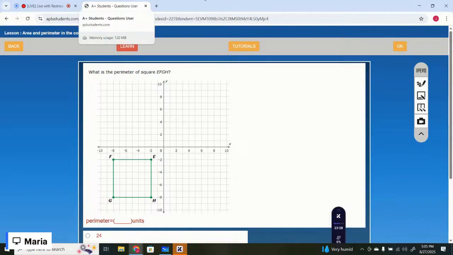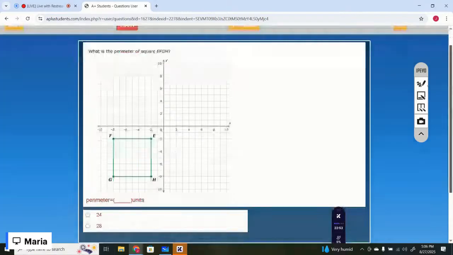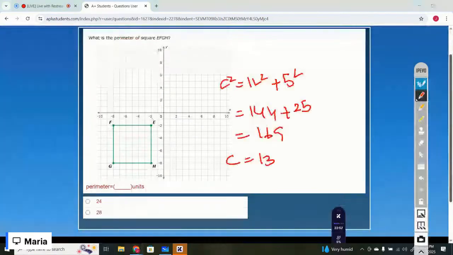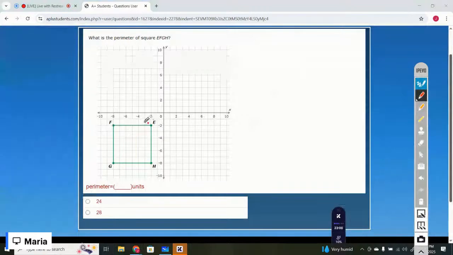What is the perimeter of the square EFGH? So let's just calculate the side lengths of the square and then we have to calculate the perimeter. I'm going to count these squares. You can calculate through the coordinates: 1, 2, 3, 4, 5, 6.